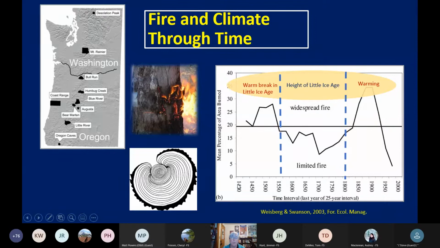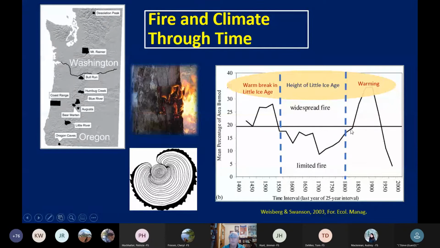And you can see some interesting patterns. So areas of well above average burning occurred during the 1500s, which frankly is the time period that many of our old trees regenerated in, and the mid-1800s to early 1900s.